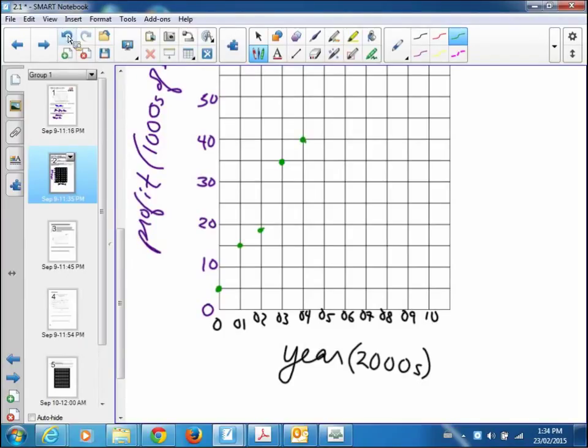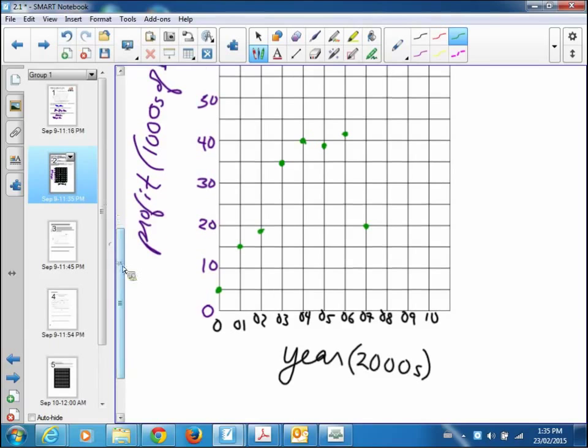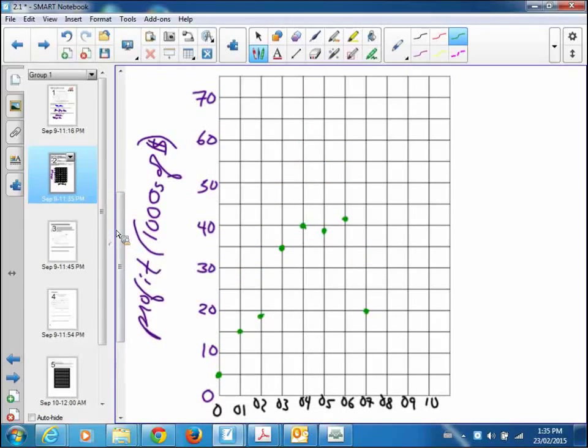I'm looking off the graph. 38 for the 2005 year, just under that. 06 would be 42, so a little bit higher. 07 would be 20, not a good year. 08, 58, and then 65.